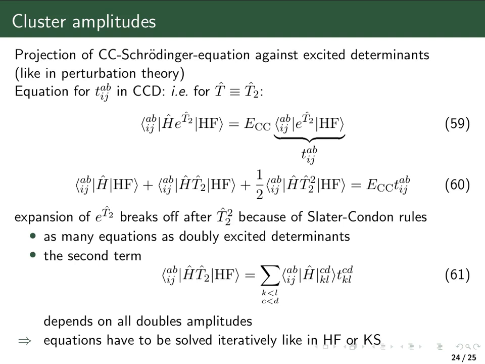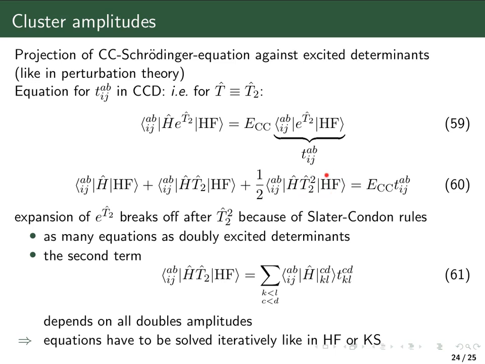But all the higher terms are 0 again because of the Slater-Condon rules. The next term would be 1/6 T2 to the third power. That gives me a hextuple excitation. So I would have a hextuple excitation here and a double excitation, and the Slater-Condon rules say that this is 0.